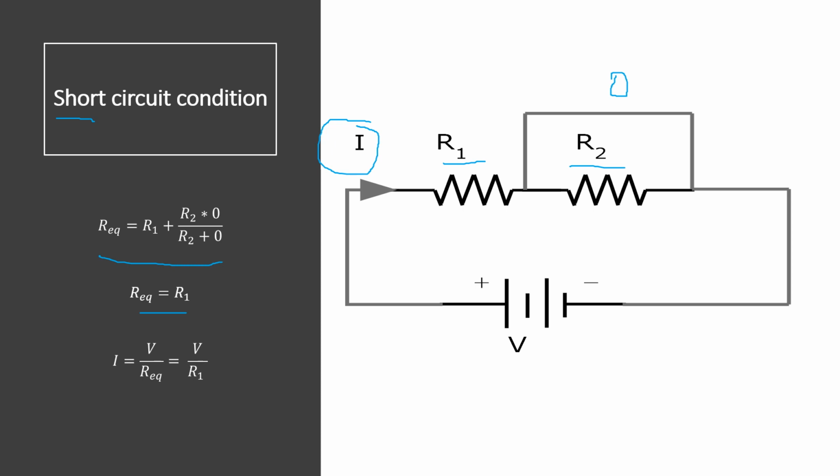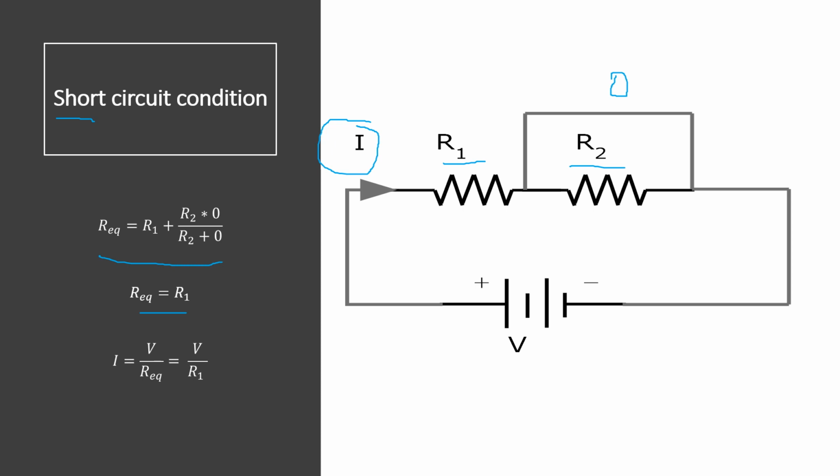So current will pass through the positive of the battery, then R1, then this short circuited path, and then the negative of the battery. Here we have to learn that current will always take the path in which the resistance is minimum.